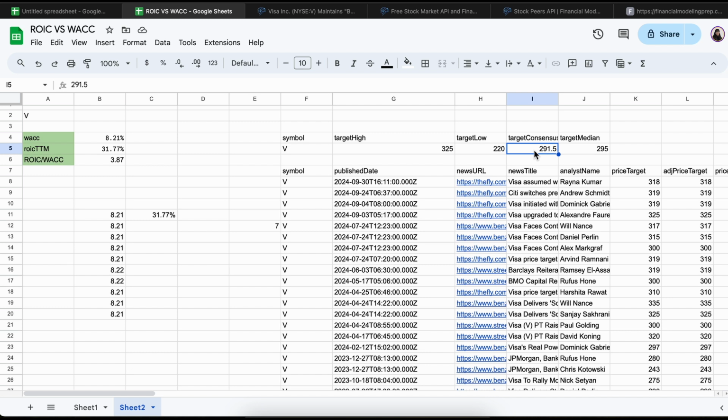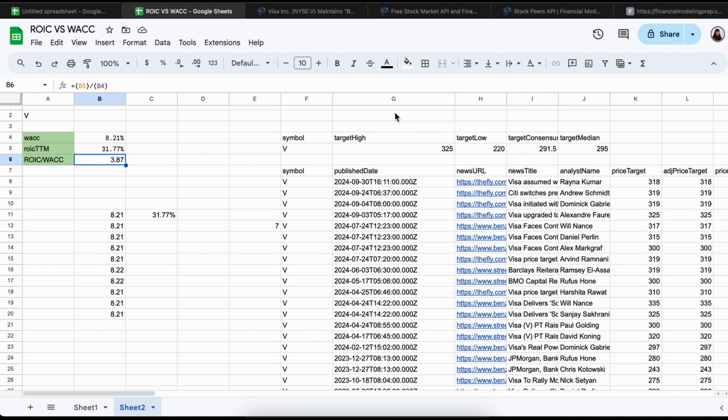And you can also compare it with the closest peers and choose the stock with the highest ROIC ratio and the highest growth potential. The growth potential is the difference between the target price and the market price of the share. But based on comparison with PayPal, Visa looks better.